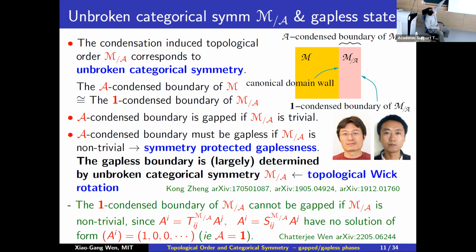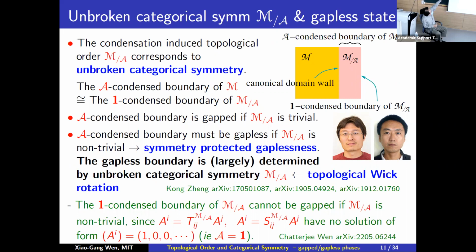So we should not have more condensation here. If you have more condensation here, you have too much condensation. So therefore, we should have a so-called trivial condensation. Only the trivial part is condensed, but the trivial part is always condensed. So that means this M/A has a trivial condensed boundary, which has no condensation, which is gapless.